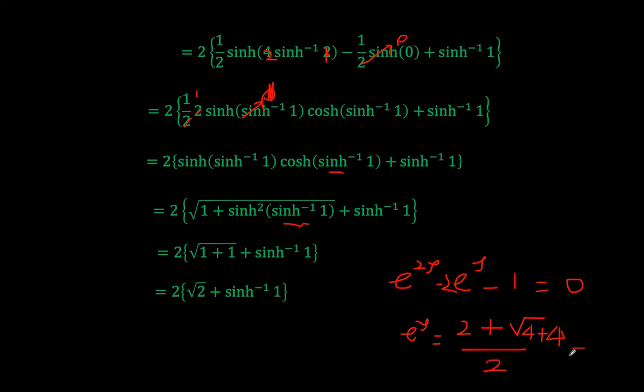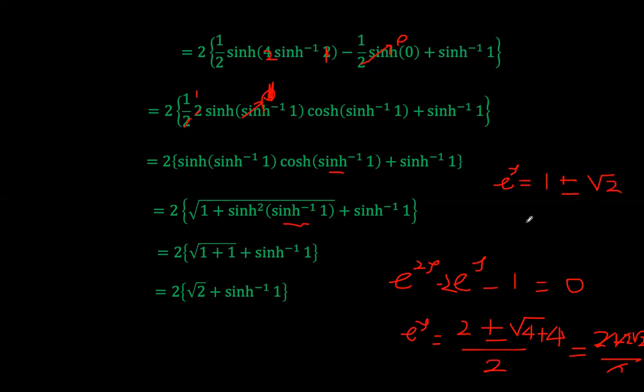So that is equal to 2 plus or minus the square root of 8. 8 is 2 times 4, so the square root of 4 is 2. So we have 2 root 2 divided by 2. And this divided by this means that our e to the power y is equal to 1 plus or minus root 2.